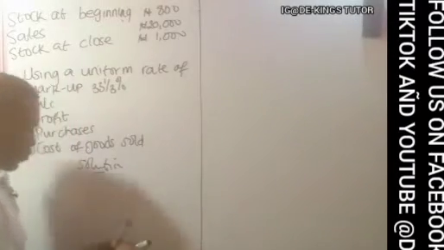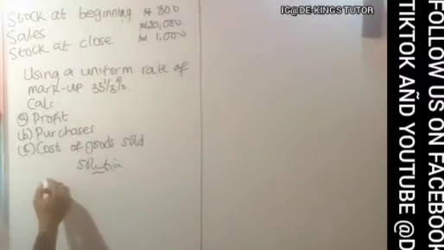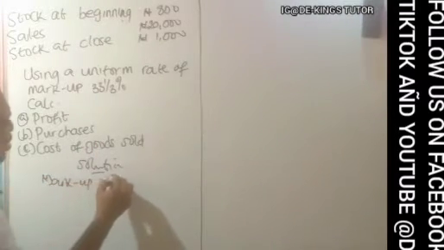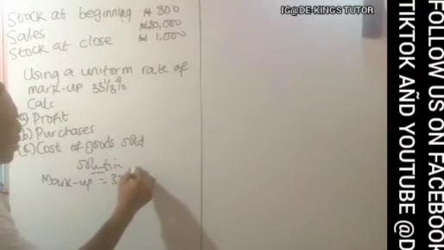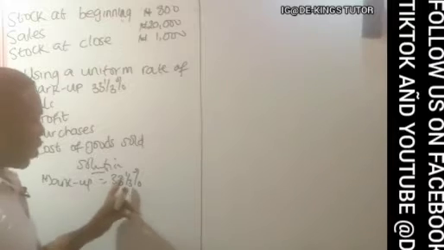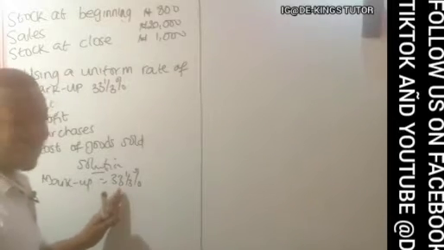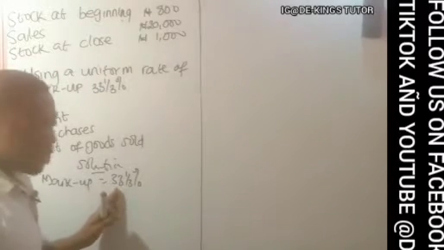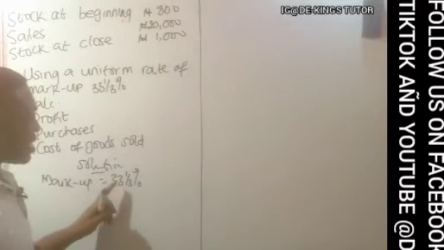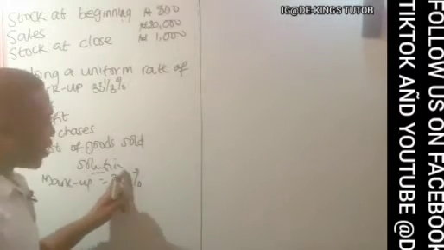So the first part: the markup is 33 1/3%. Now let's get the actual value. 33 1/3% in mathematics is a mixed fraction, so we have to convert it into an improper fraction. 3 times 33 gives us 99, plus 1 is 100.